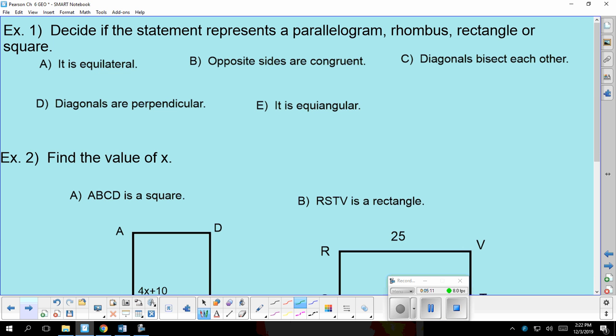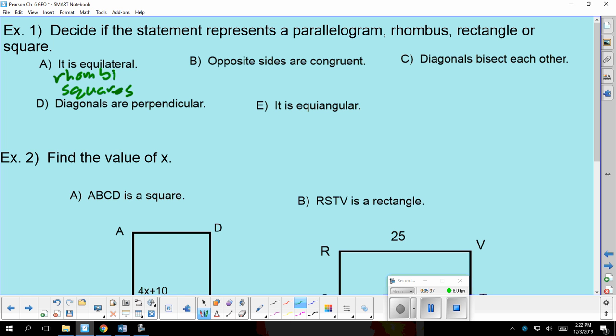It is equilateral. So this is for rhombuses and squares. The plural of rhombus can be done as rhombuses or rhombi. Whatever you want, both work.